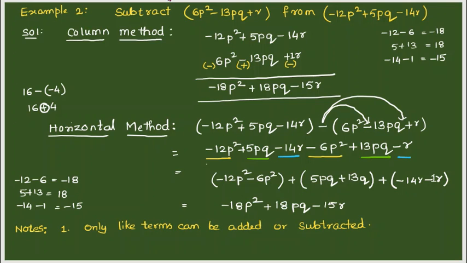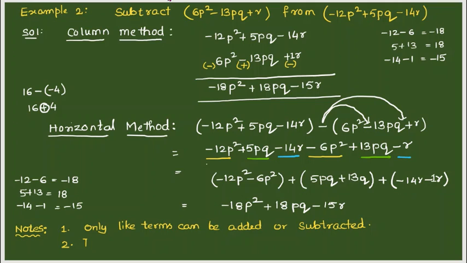And here two notes you need to remember, children. Note number 1: only like terms can be added or subtracted. So here you see you cannot add minus 18p square and plus 18pq, because those are unlike terms. We added only like terms here also and here also. That's why only like terms can be added or subtracted. The second point is, in the column method you need to change the signs of the terms of the second expression.